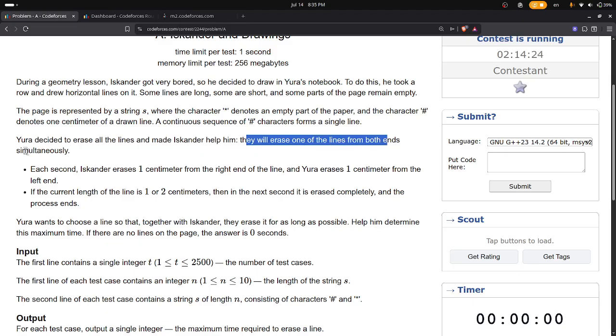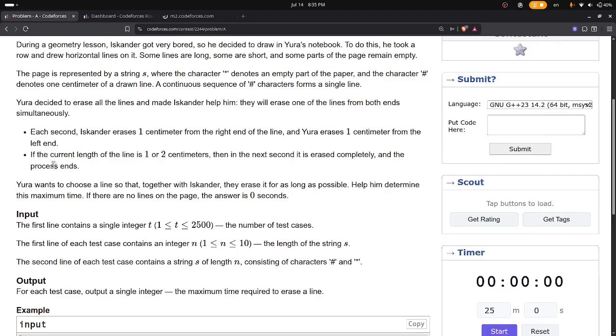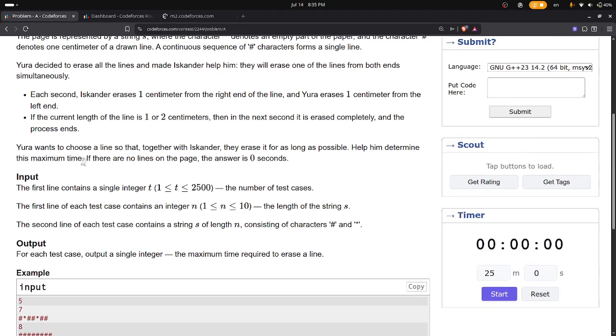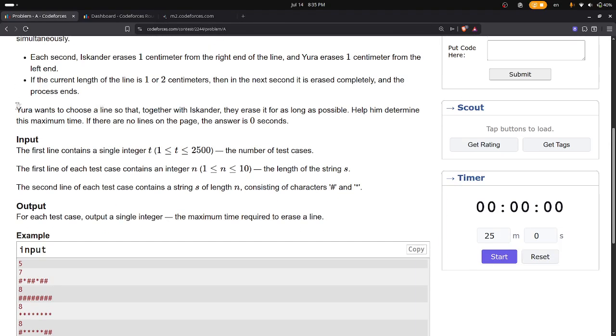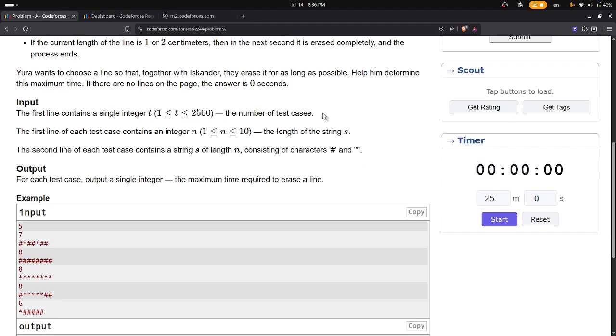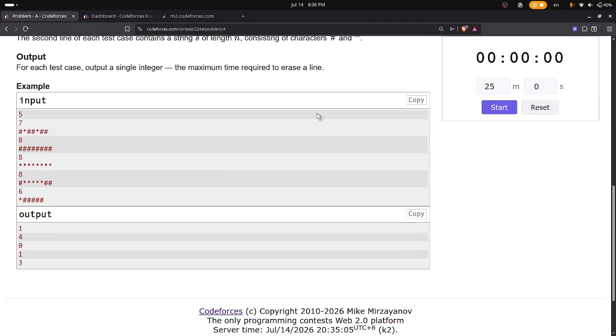So they will erase one of the lines from both ends simultaneously. One second. So here we want to choose a line so that together the cylinder they erase for it takes as long as possible, the maximum time. Okay, we just need to find the maximum consecutive.